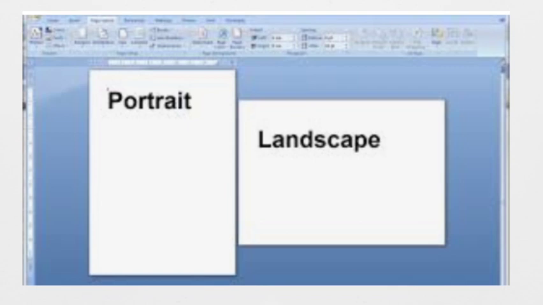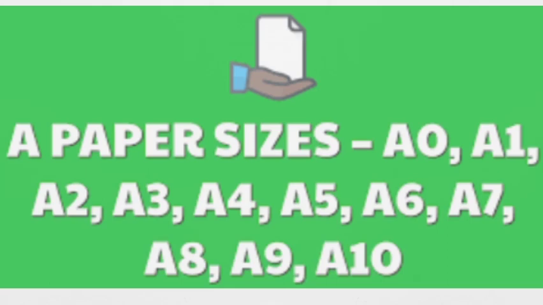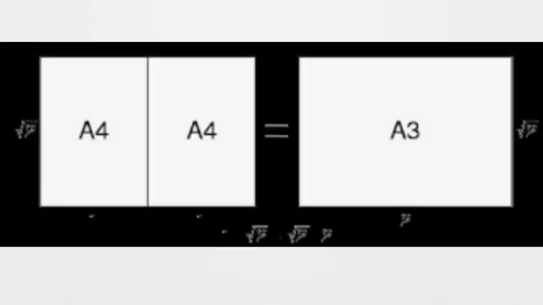Now you can take your printout and you can also check the print preview of your document whether it is portrait or landscape. Clear? So this was called orientation. Clear? Now the next topic which is coming, that is paper size. Now it is very important before taking printout to be clear what is the size of that paper you are going to print.